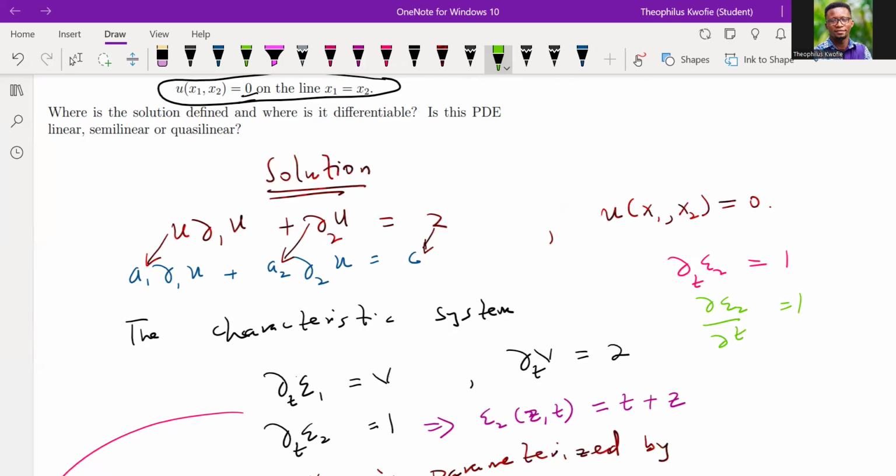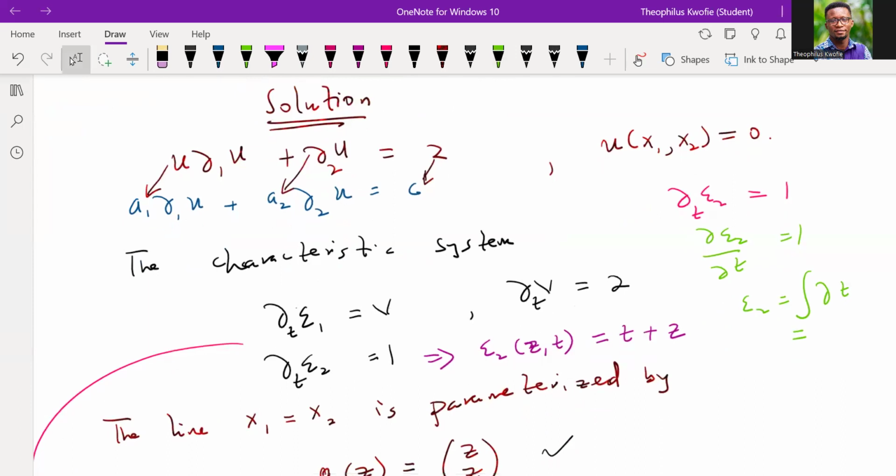And this can also be written as what? Now, when you take the integral on both sides, you should have xi2 equal to the integral of partial t. And when you integrate partial t, we're going to have t plus some constant.